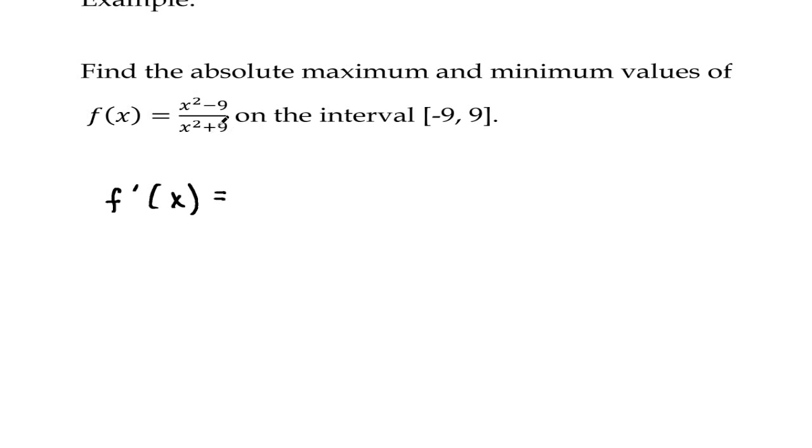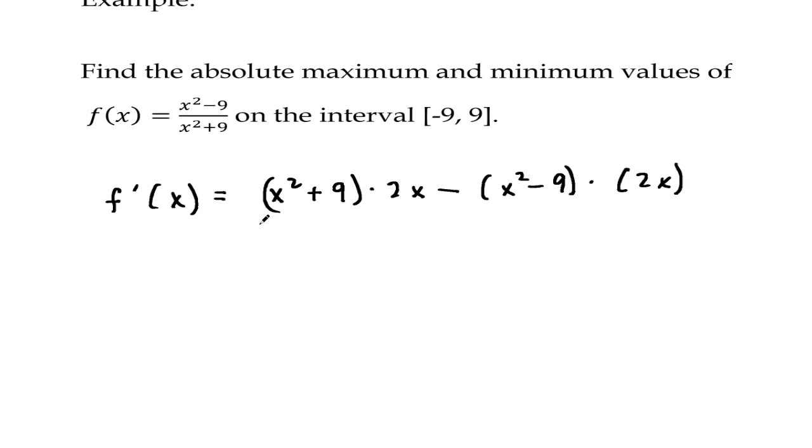Here we have a quotient, so we're going to apply the quotient rule. The bottom times the derivative of the top, minus the top times the derivative of the bottom, all over the bottom squared.